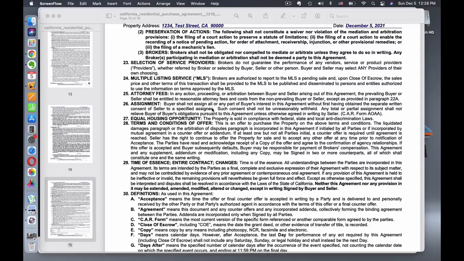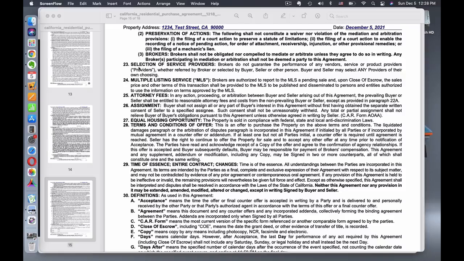As we get down past the mediation arbitration, we've got selection of service providers. We can recommend home inspectors, title companies, escrow companies. You're not obligated to use any of them. We do try to find the best people possible because a lot of our clients don't have any of those services or aren't aware of which services to use.